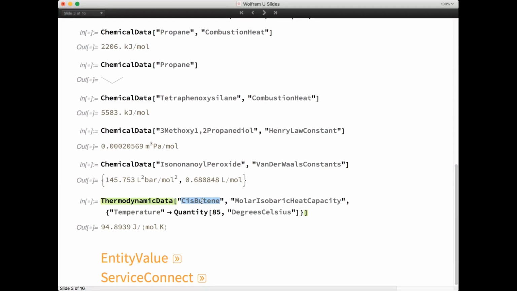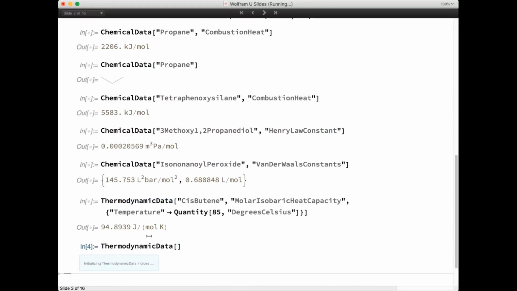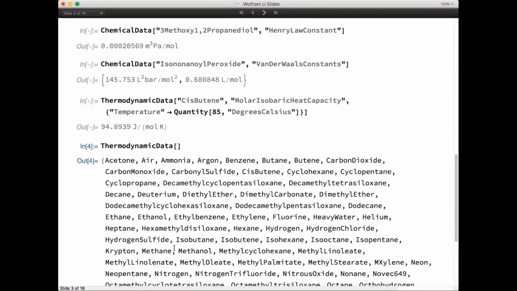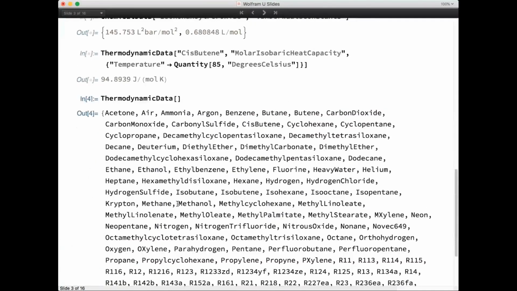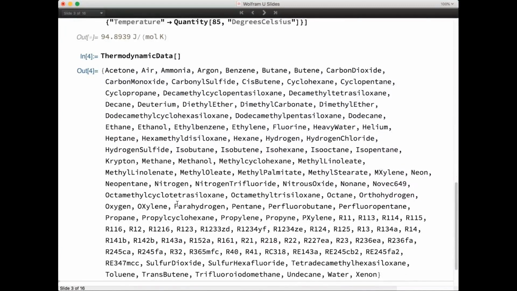This draws on data that is released by the National Institute of Standards and Technology, so we have a very good source for thermodynamic data. If you need to know which entities ThermodynamicData works with, you just do ThermodynamicData["Entities"], and you see the subset of chemicals for which extensive thermodynamic parameters are available.